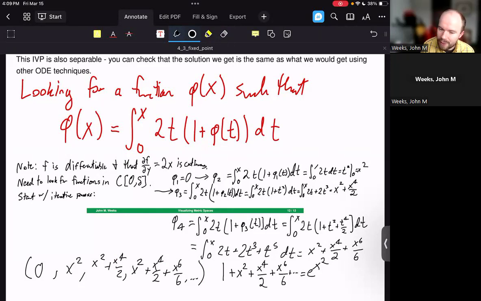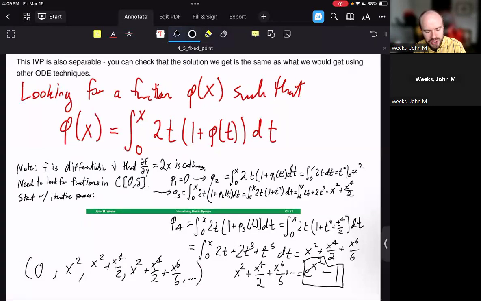So if I wanted to figure out where this sequence of functions is heading toward, I would just subtract 1. I would just take the 1 and move it over. It looks like I have found what I'm looking for as far as my function here: e to the x squared minus 1. That gives me what I'm looking for in terms of what these functions are approximating. You can actually go through and check this one yourself.